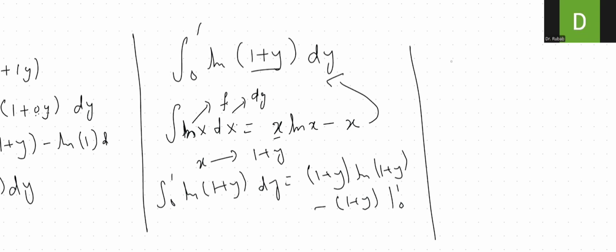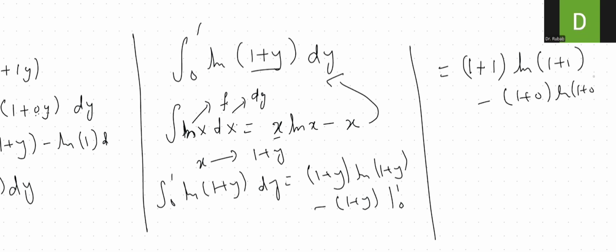The upper limit: 1 plus 1, natural log of 1 plus 1, minus 1 plus 1. Then minus the lower limit: 1 plus 0, natural log of 1 plus 0, minus 1 plus 0.